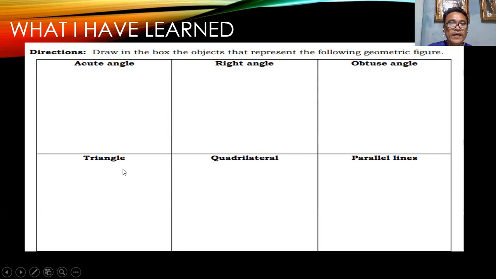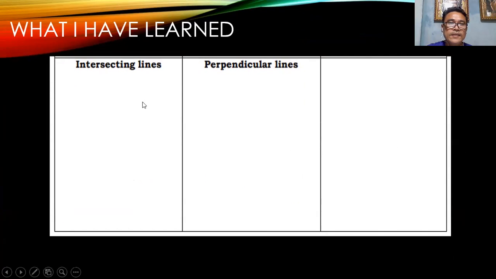When we say object, like let's say an ice cream cone, it forms a triangle. Quadrilateral. Example, the object is a television. Then we have here parallel lines, intersecting lines, and perpendicular lines in your modules.